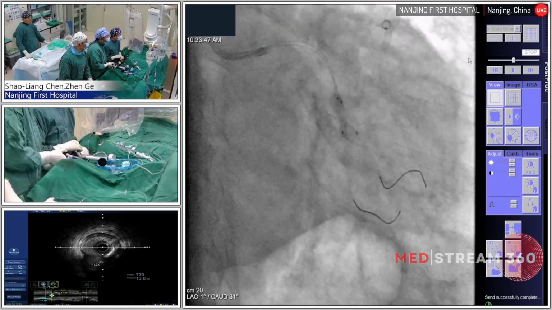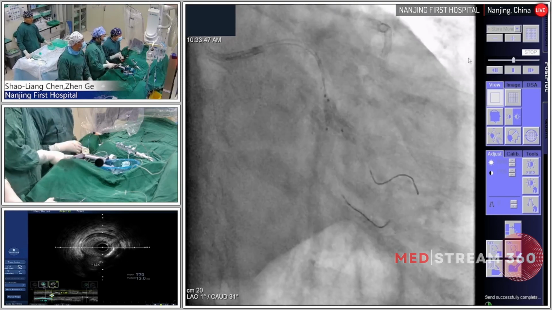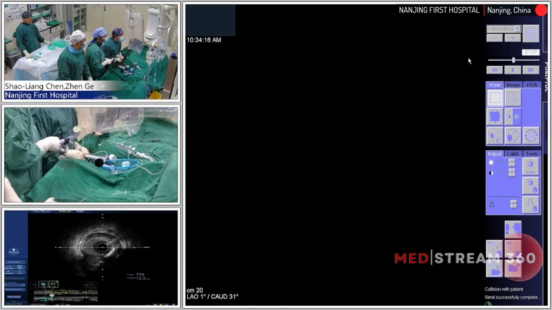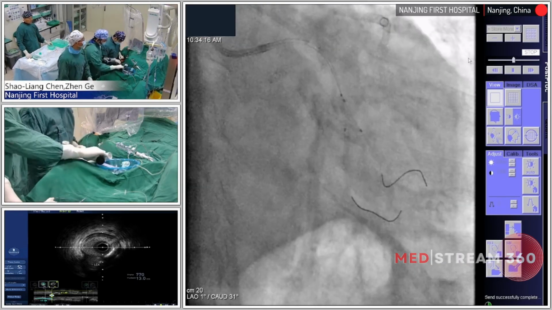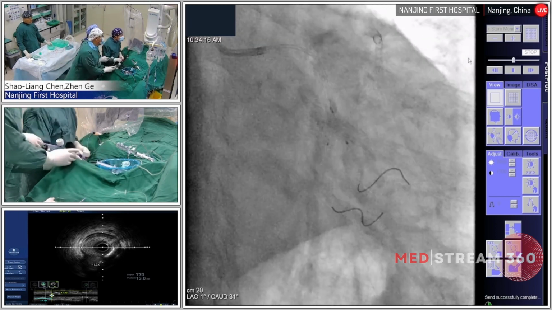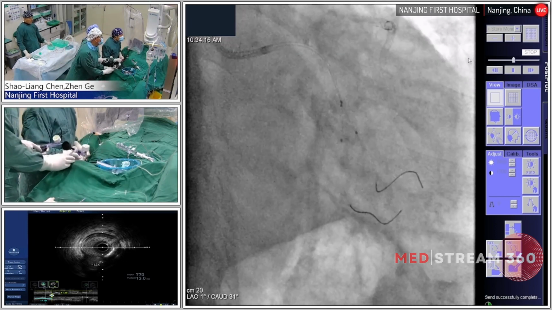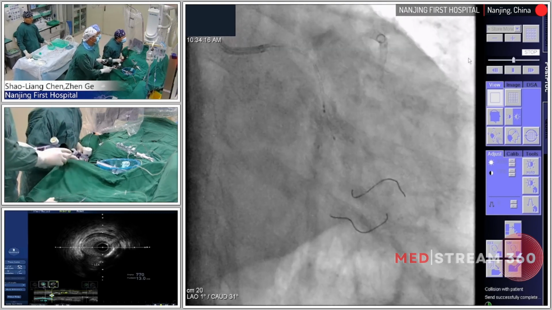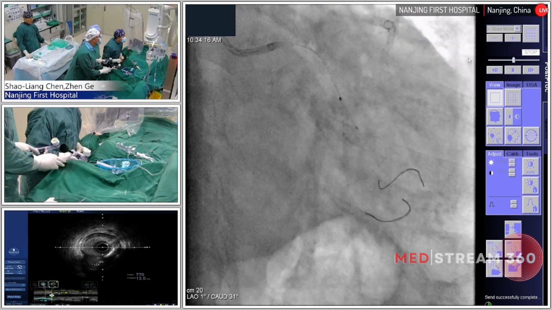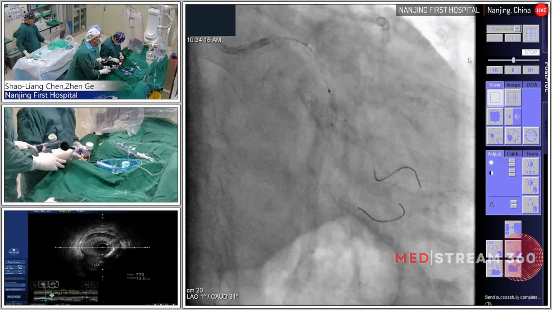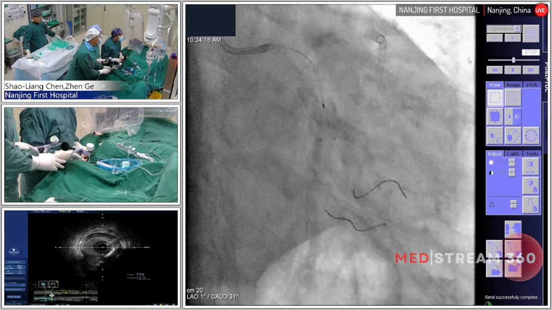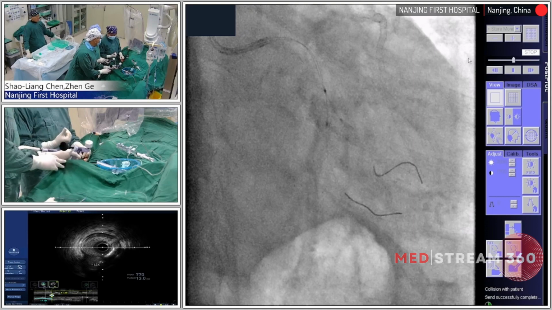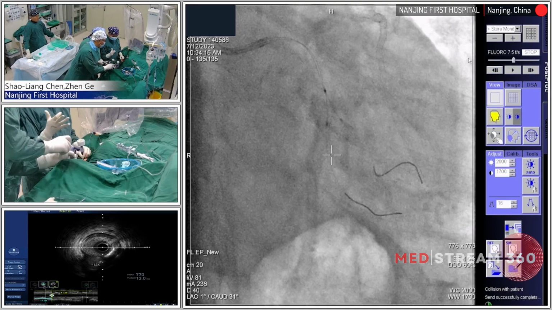Once successfully rewired, use the 3.0 NC balloon in that branch to do alternate inflation at 16 atmospheres, followed by alternate inflation in the obtuse marginal. Finally, the kissing balloon inflation will be done on schedule.